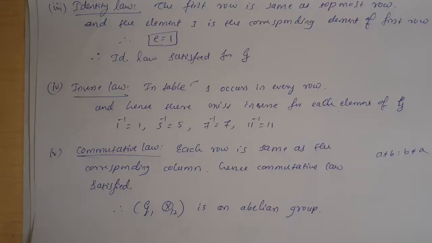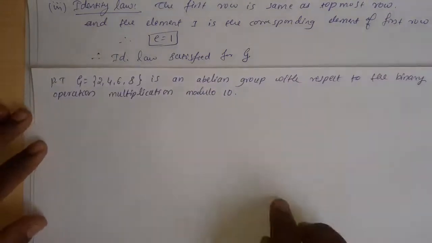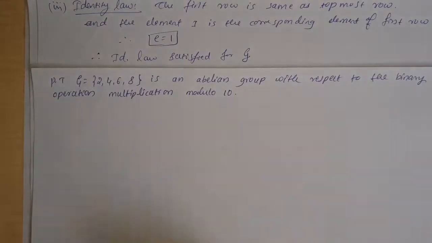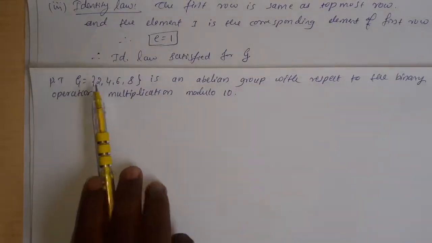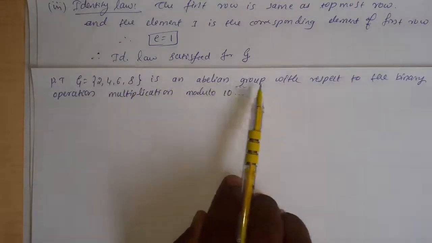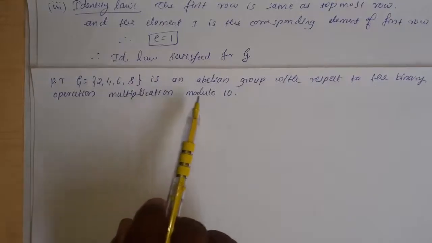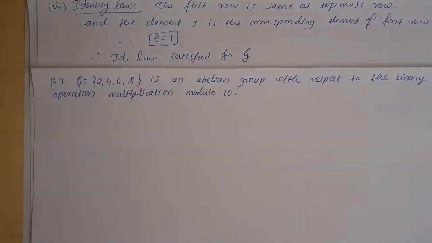And here one more example is there: prove that G is equal to 2, 4, 6, 8 is an abelian group with respect to the binary operation multiplication modulo 10. In the previous example, it was multiplication modulo 12, and here it is multiplication modulo 10.